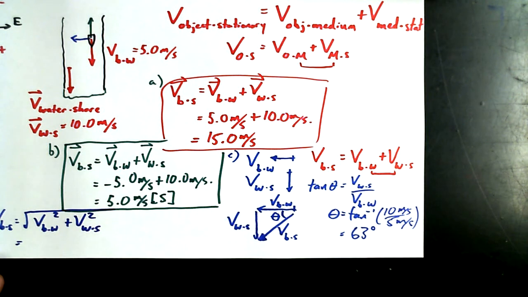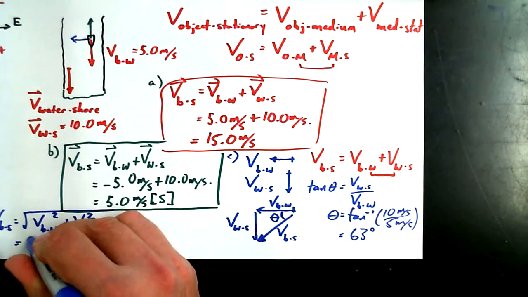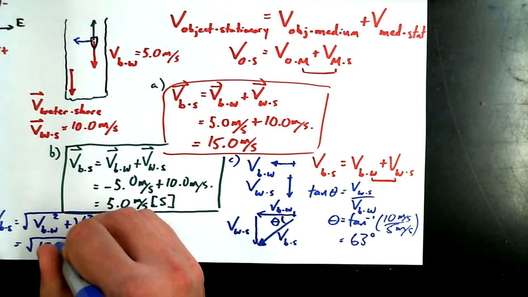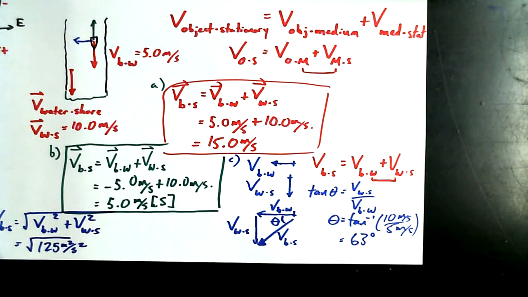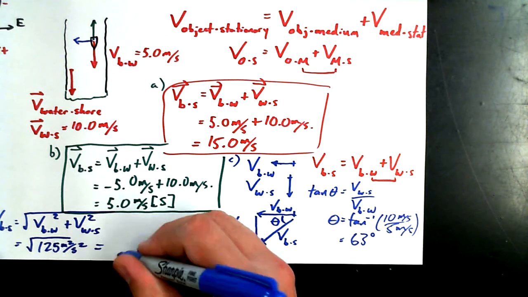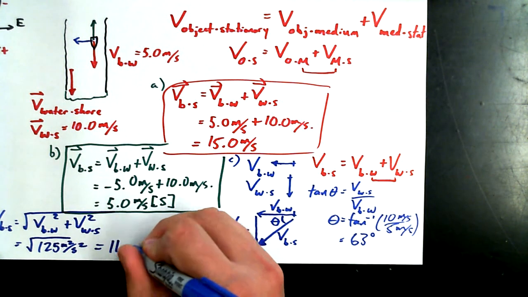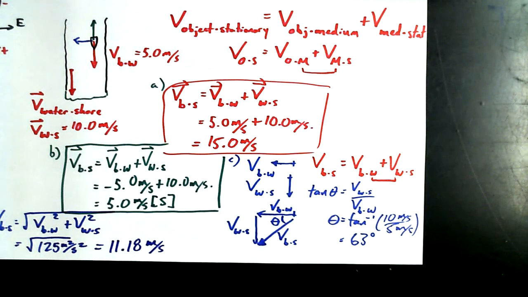And if I square 5, it'll get me 25. And if I square 10, it'll get me 100. So I'll have the square root of 125 meters squared per second squared. And my math form's going to be a little bit off because I've run out of space, but the square root of 125 should be about 11.18 meters per second.